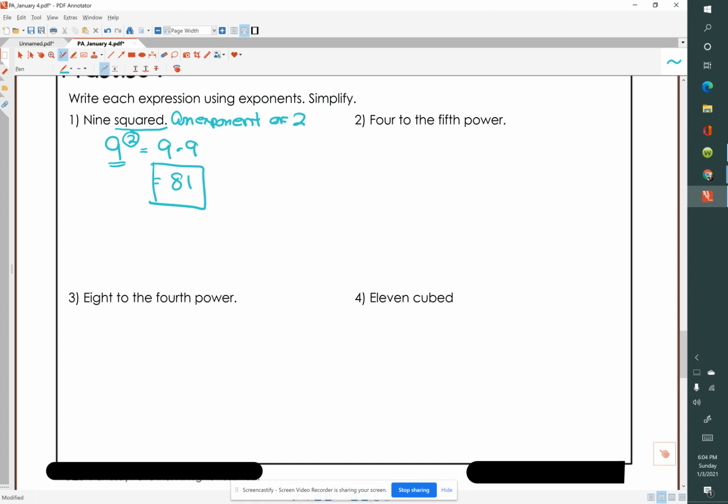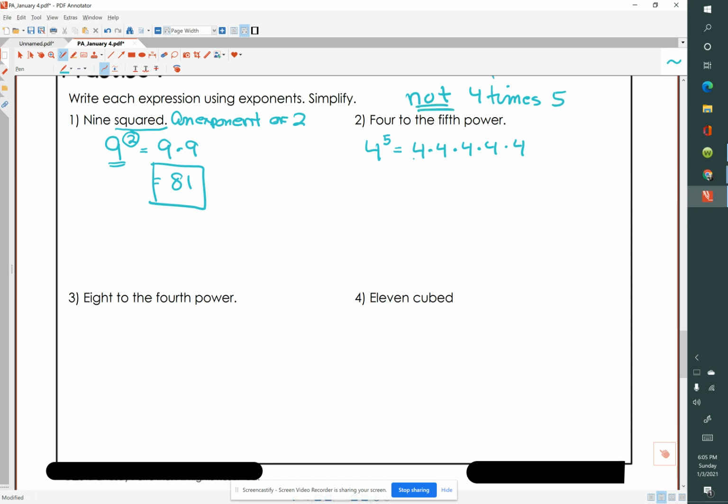Now 4 to the 5th power is written like that. That's 4 times 4 times 4 times 4 times 4. That is not, let's make a note here, not 4 times 5.